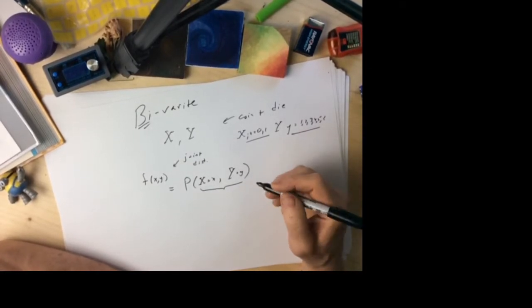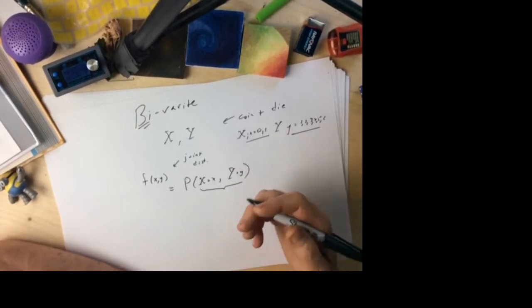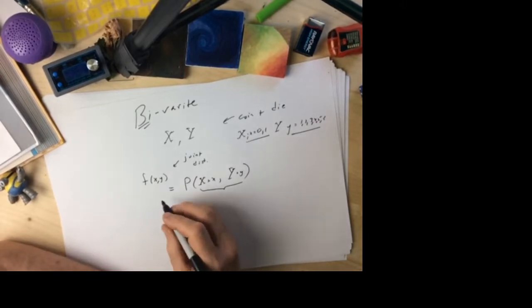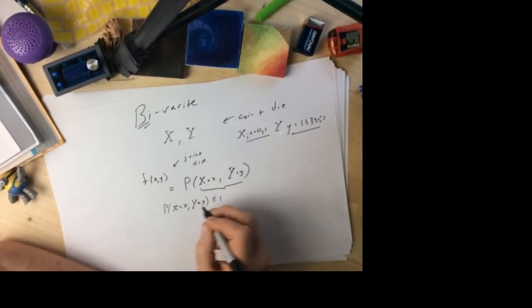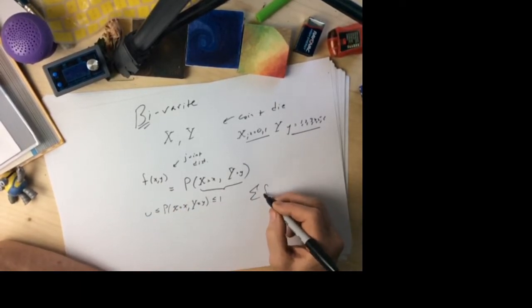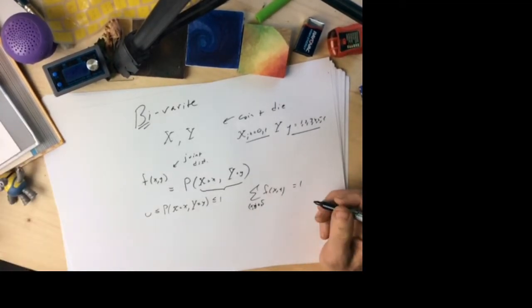Now, in order for it to be a joint PMF, we need the probability still to have the same rules. So the probability function has got to be less than or equal to 1, greater than or equal to 0, and the sum over all things in this possible sample space has got to be 1.